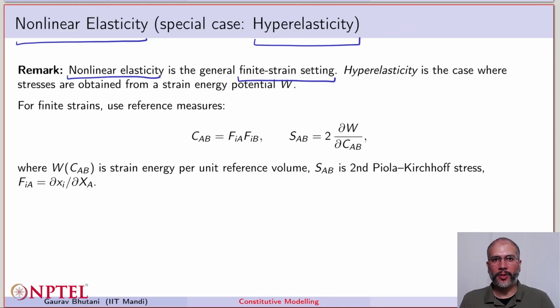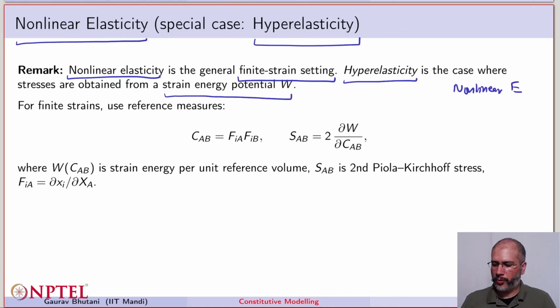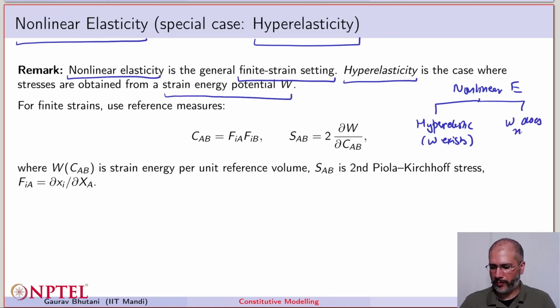But out of all these nonlinear elastic materials, hyperelastic materials are those for which we can define a strain energy function W. So nonlinear elastic materials can be hyperelastic, where a W exists, and others are nonlinear elastic, but a W does not exist.